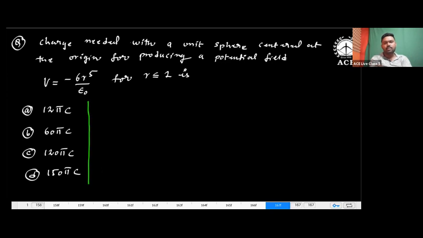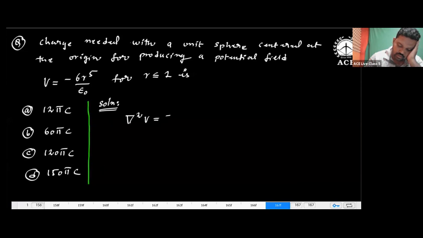I'll give you the procedure. What is the procedure here? First, you try this one. First, you need to find out the volume charge. From the Poisson's equation, what is the volume charge, beta?